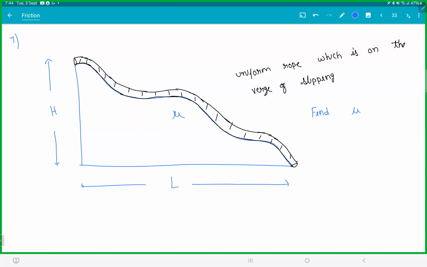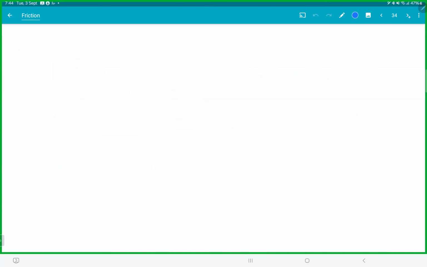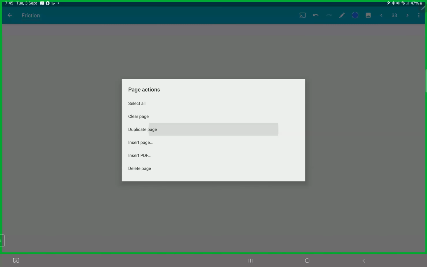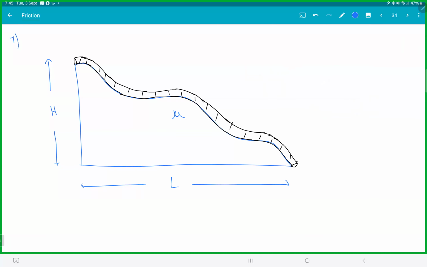Let me help you with this. Like I said, these problems, you should have seen them once. Seen something like this in NLM. So the idea here is, look at this.